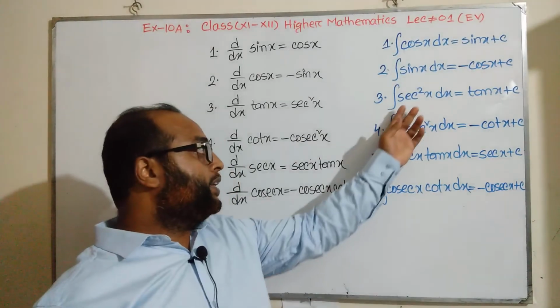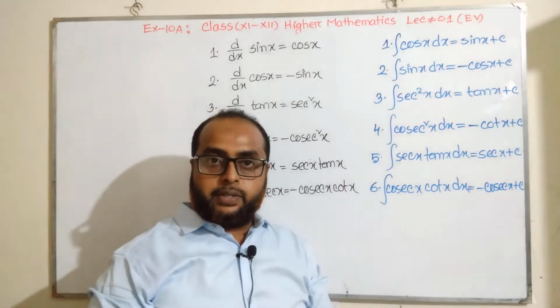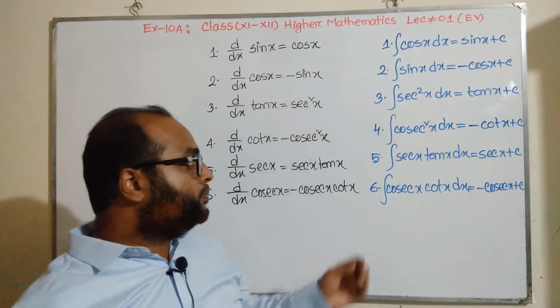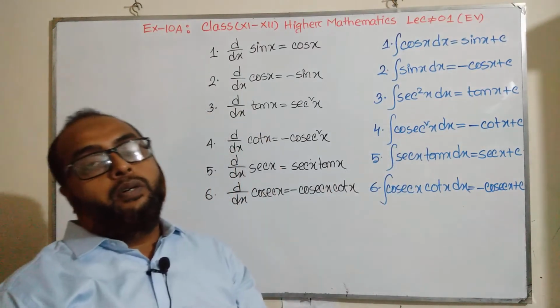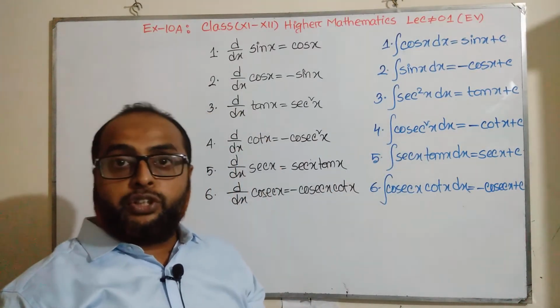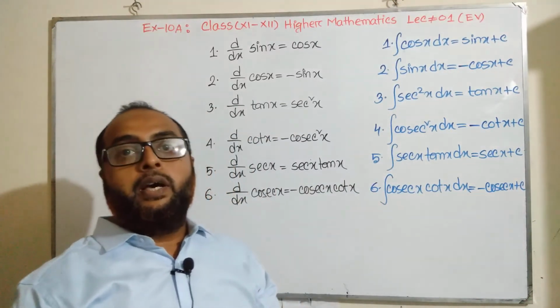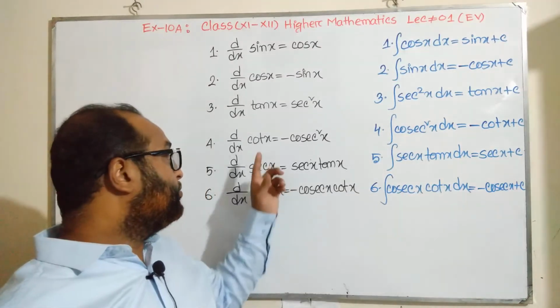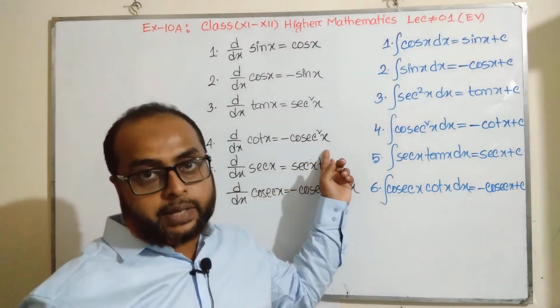So integration of sec square x is tan x. Similarly, cosec square x: d/dx of cot x is minus cosec square x.